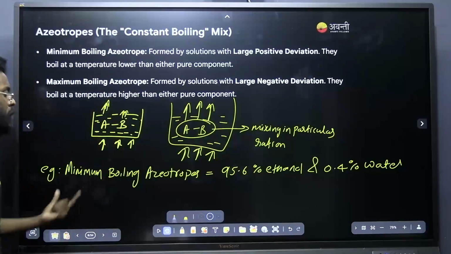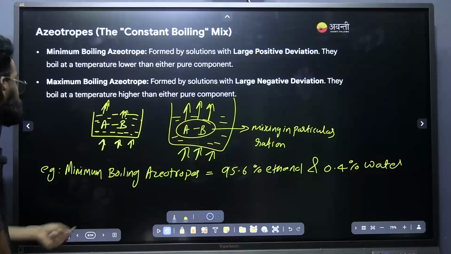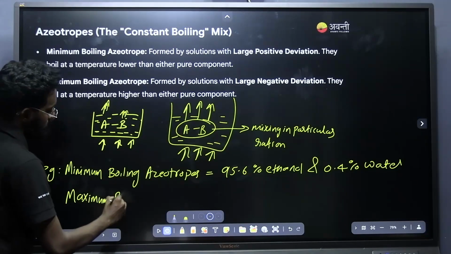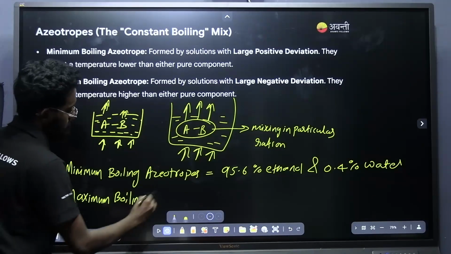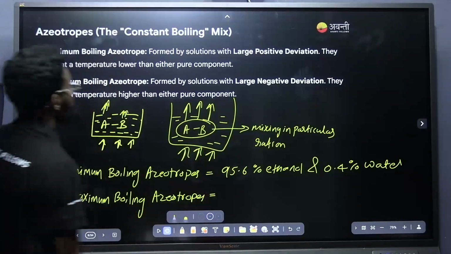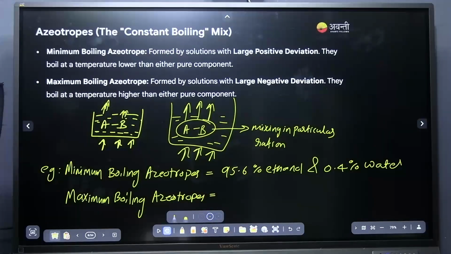Azeotropes are of two types. One is minimum boiling azeotropes, another one is maximum boiling azeotropes. What are minimum boiling azeotropes?